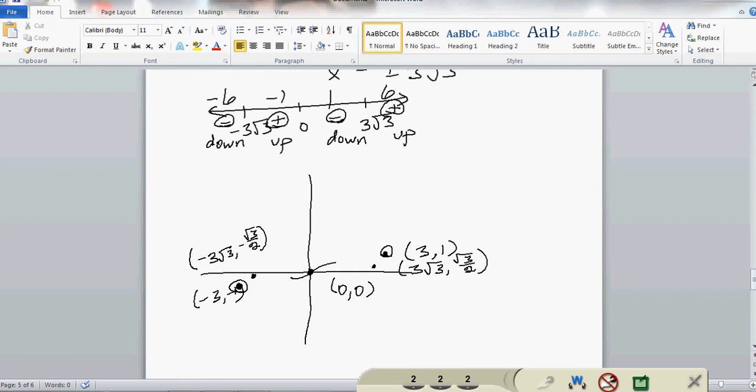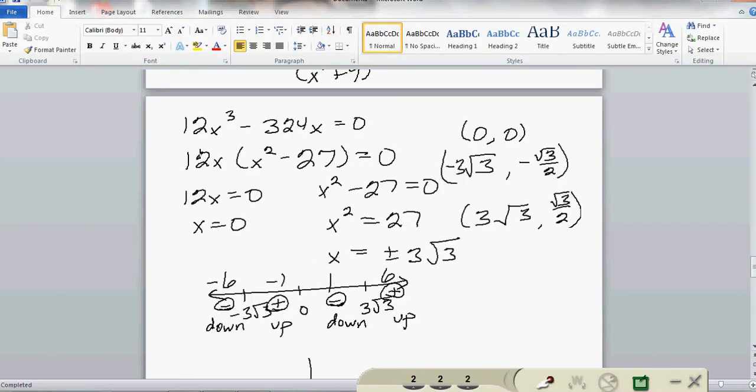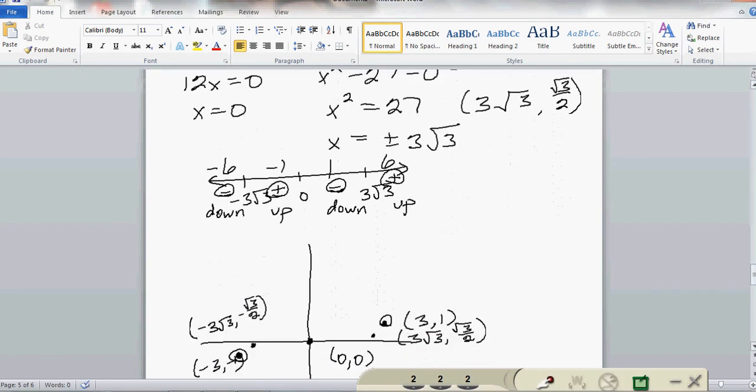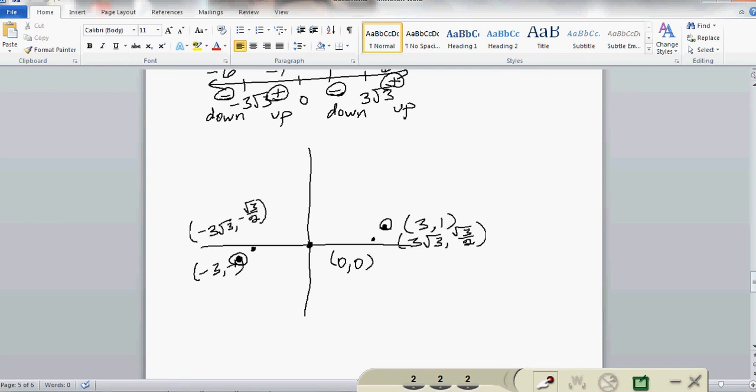But this still has to be a maximum. So we need to think about how we can do that. So let's see what we can get here. Okay, this has to be concave down here.